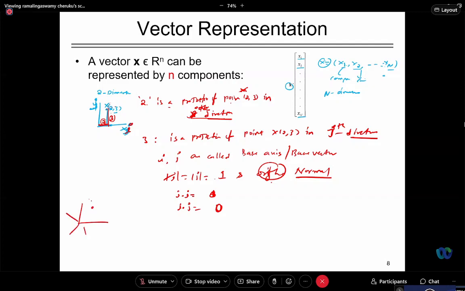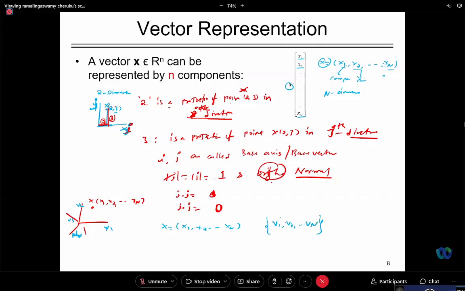There is a point x with components x1, x2, up to xn, and the basis vectors are v1, v2, up to vn.